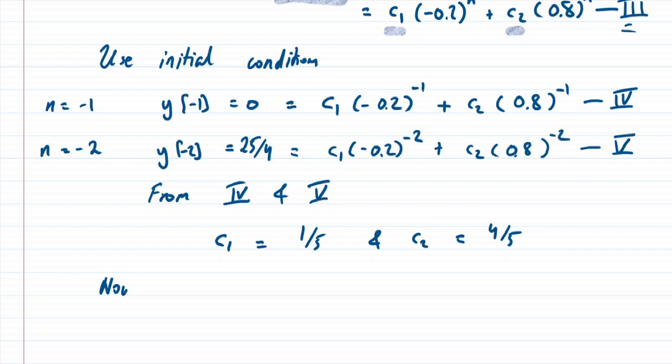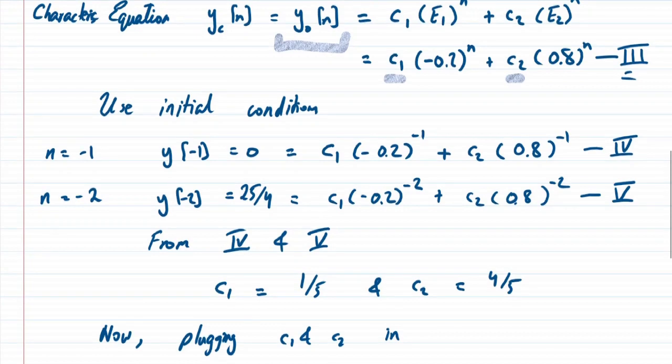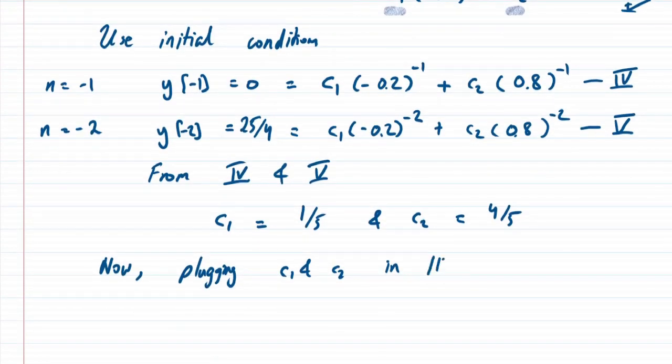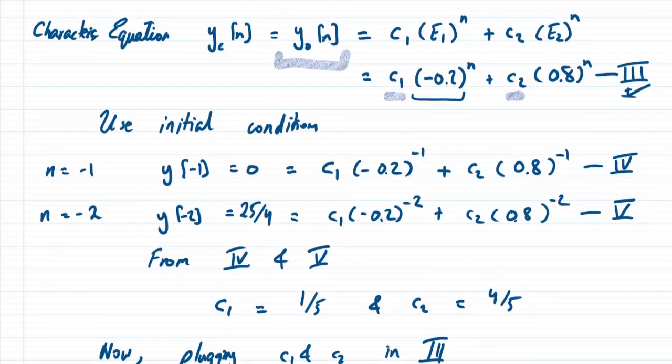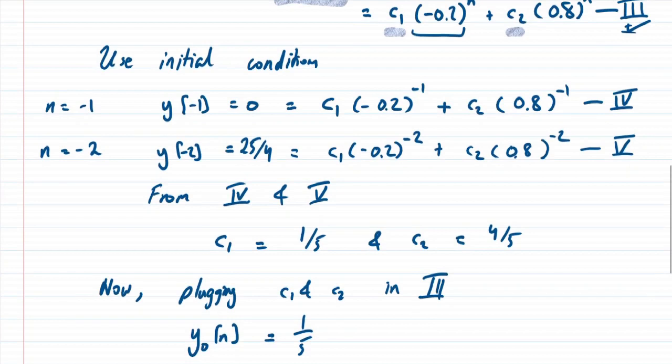Now plugging c1 and c2 into our third expression, the zero input response, that is the response which is only based on states, is simply 1 by 5 times minus 0.2 power n plus 4 by 5 times 0.8 power n.